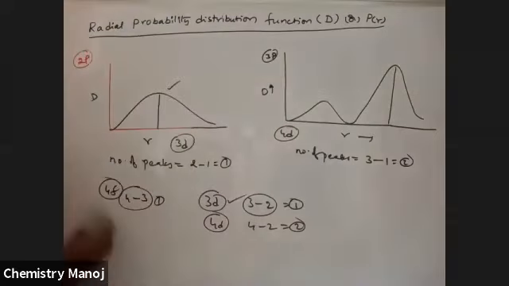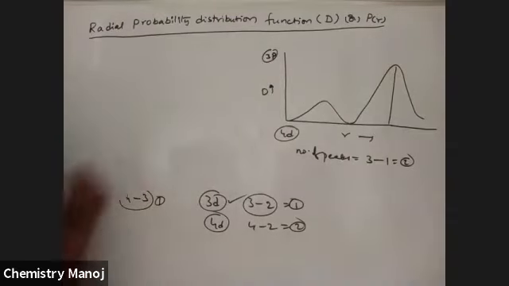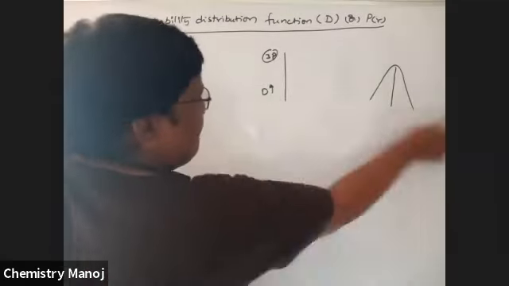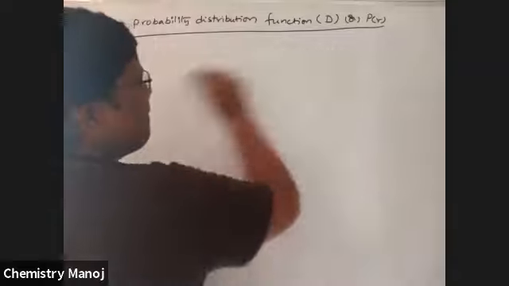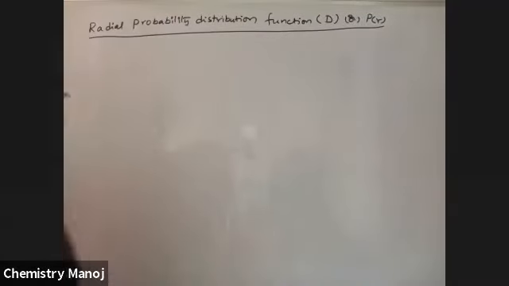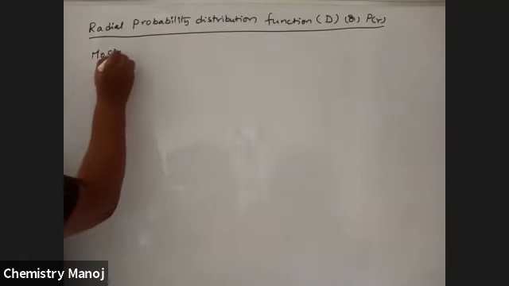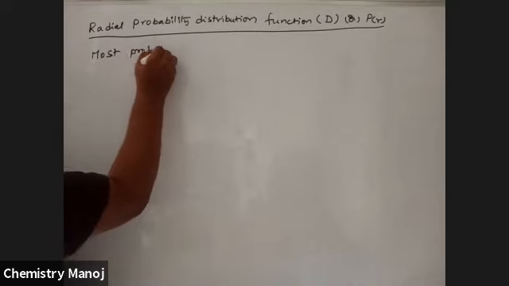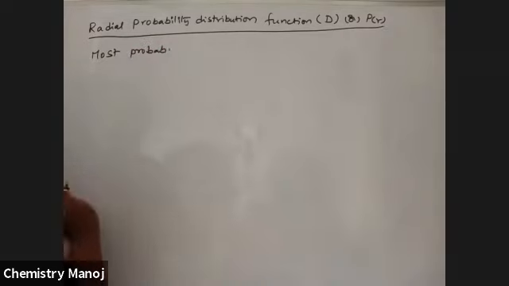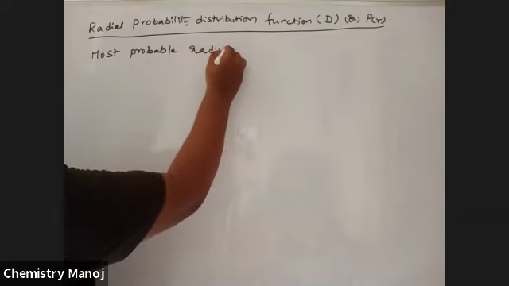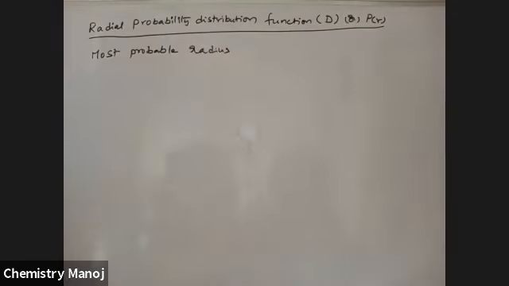I am going to draw here. That is called the most probable radius.